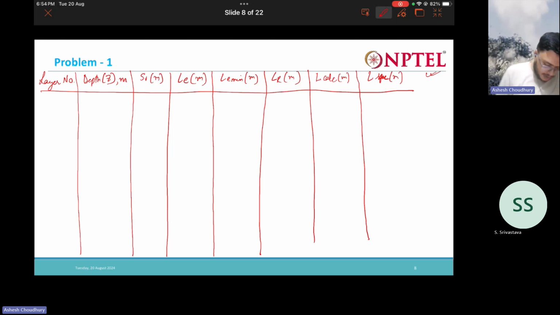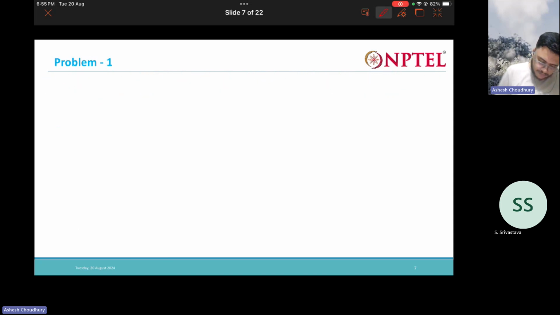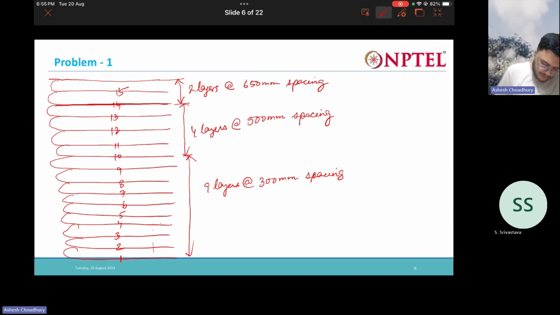Okay. So layer 15, 14, 13, 12, 11, 10, 9, 8, 7, 6, 5, 4, 3, 2, 1. Then what are the depths? 0.65, 1.30. Understood, right? If you recall, from here we are measuring. So this is 0.65, then 1.3, then 1.3 plus 0.5, 1.8.